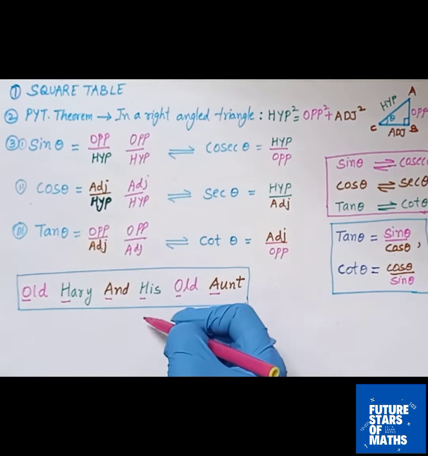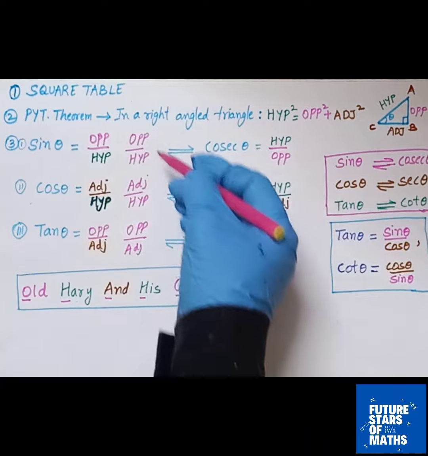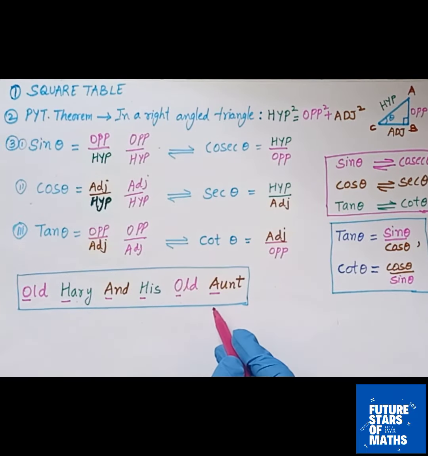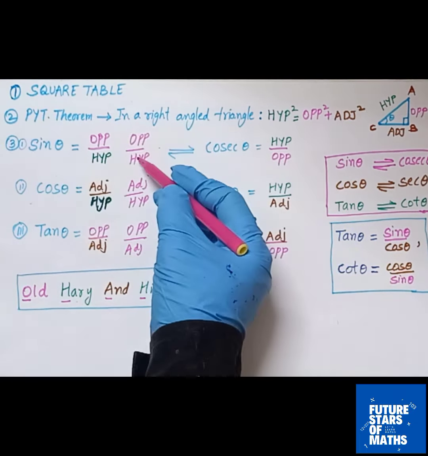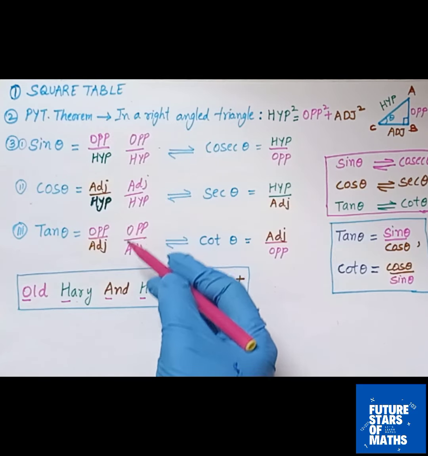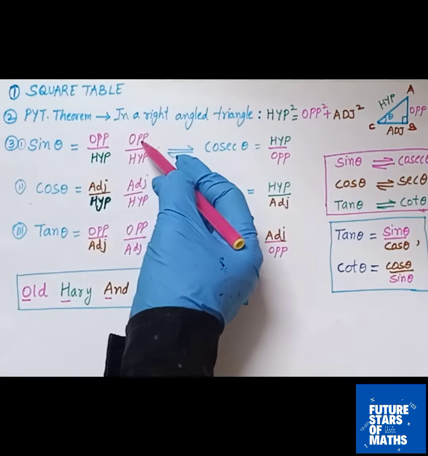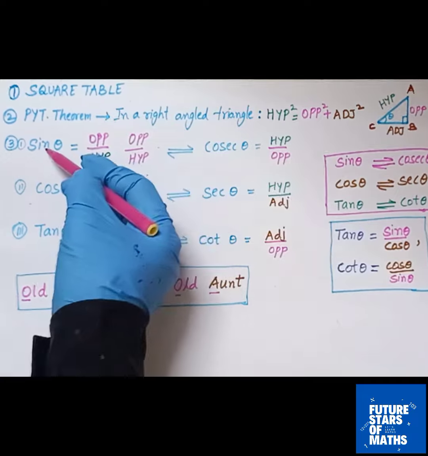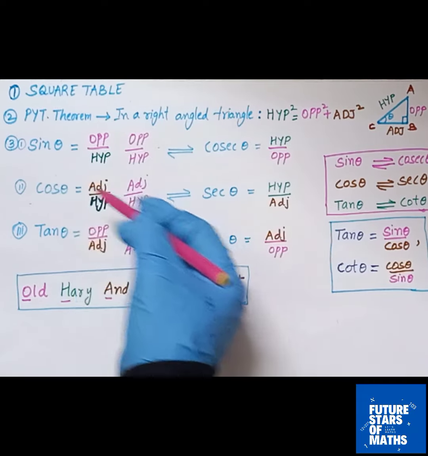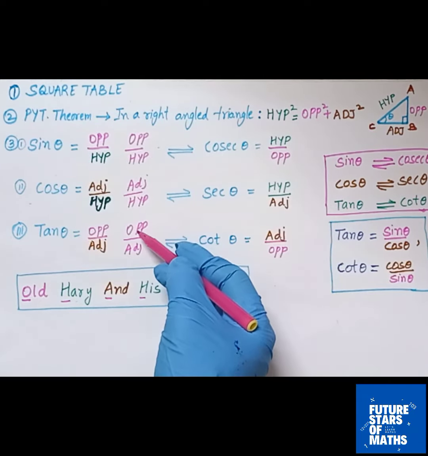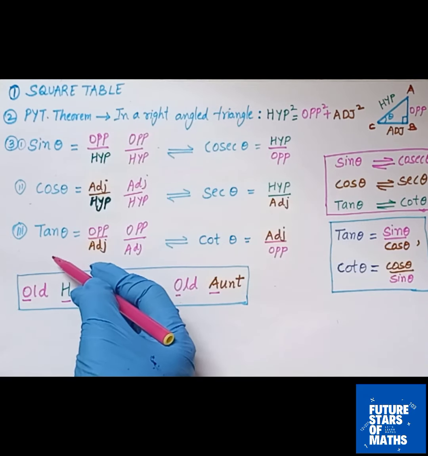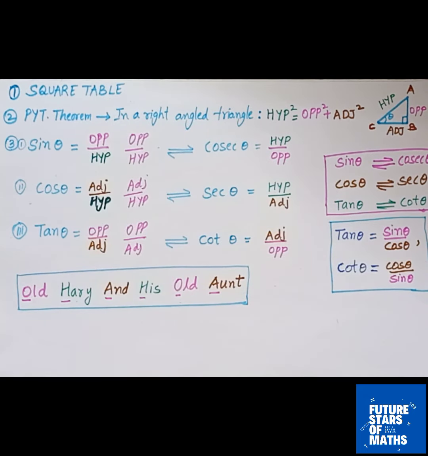Is it easy, students? Now, can you remember this using this statement? Old Harry and his old aunt. Old Harry means sin theta, and his means cos theta. Old aunt means tan theta. In this way also you can remember this.